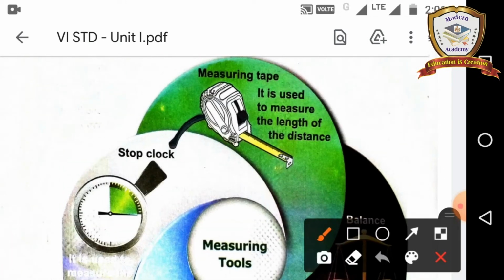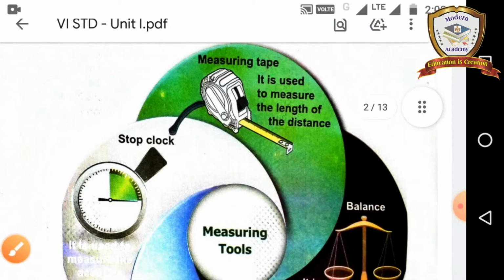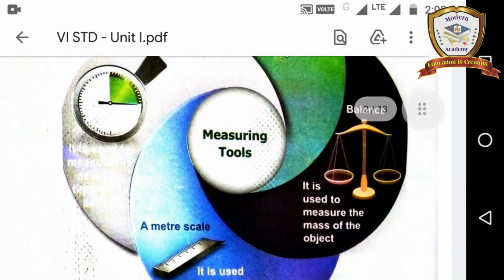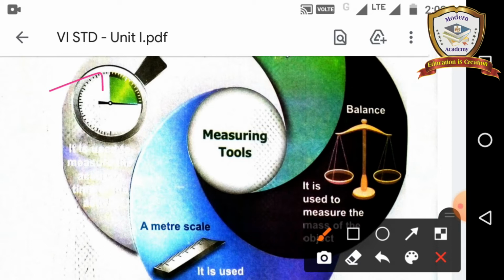First one, measuring tape. It is used to measure the length of the distance. So important word, length. The next one, stop clock. It is used to measure the accurate time of any activity.